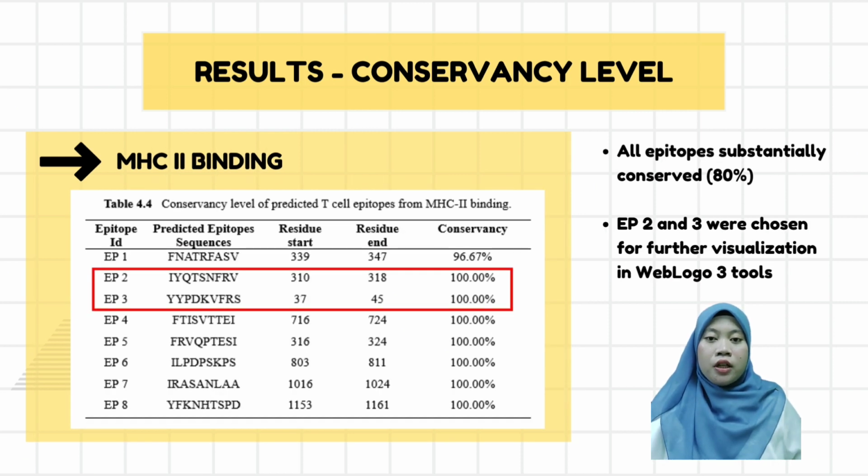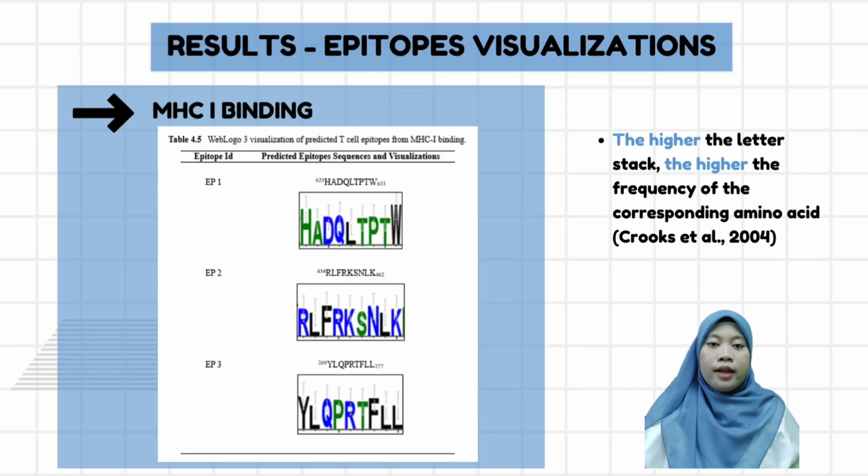The same interpretation goes for MHC2 binding, but only epitopes 2 and 3 were chosen for visualization on WebLogo as epitope 1 is not 100% conserved. Even though all epitopes are substantially conserved, these two epitopes were highlighted as they may have credibility to be in the target vaccine design. Then, the predicted epitopes were displayed as in the picture attached here in the slide.